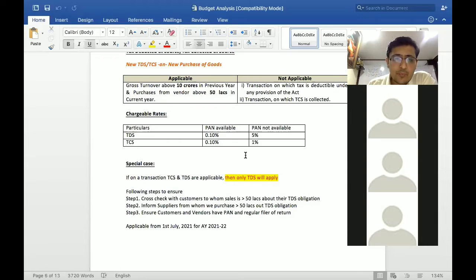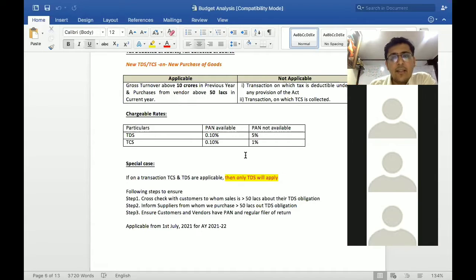Step number two is to inform my suppliers from whom we purchase above 50 lakhs that I am under the obligation to deduct TDS. So please don't collect TCS, because otherwise there is a blockage of working capital. I'll deduct TDS, you don't collect TCS. That is how the communication can happen.